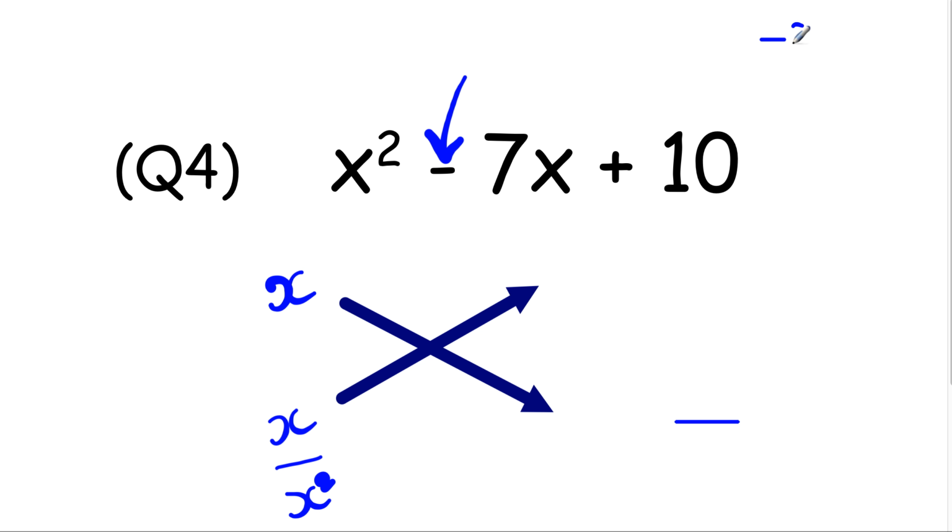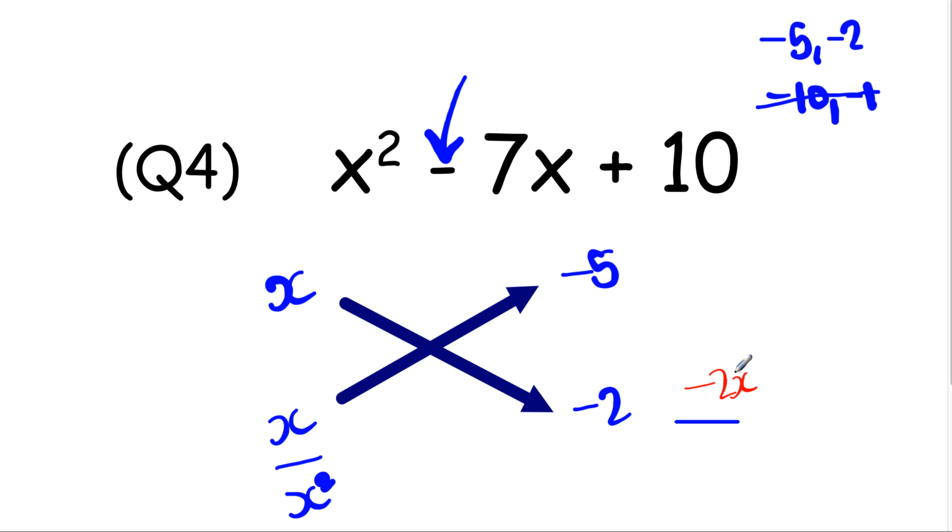So we've got an option -5 and -2, and we've got -10 and -1. Which one do you think they're going to be? Okay, yes, if you said -5, -2, you're absolutely right, because let's just show you here if you're still not too sure. -2 times by x is -2x.